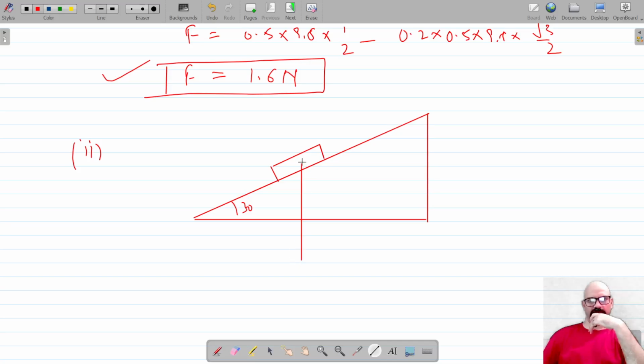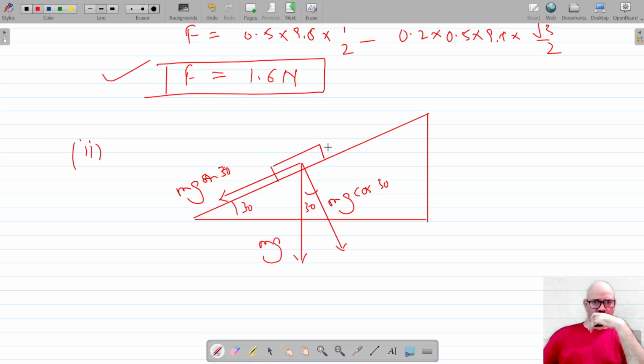This is mg cos 30 degrees, and mg sin 30 degrees.